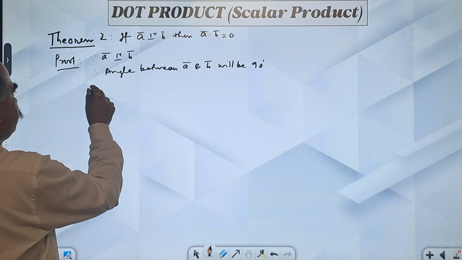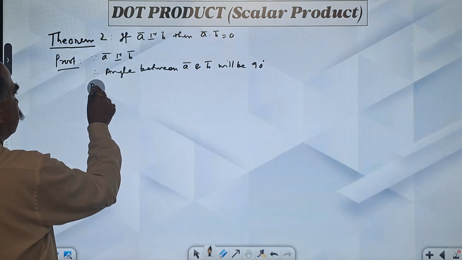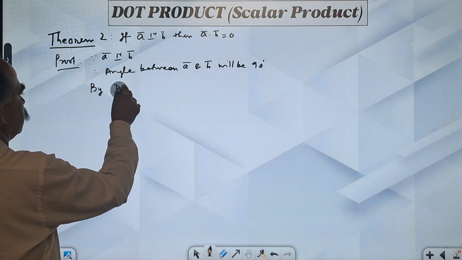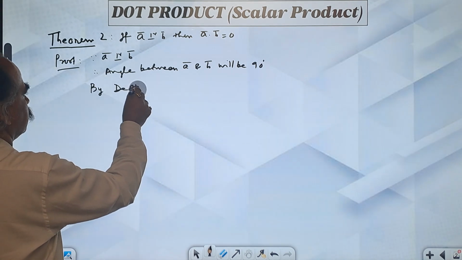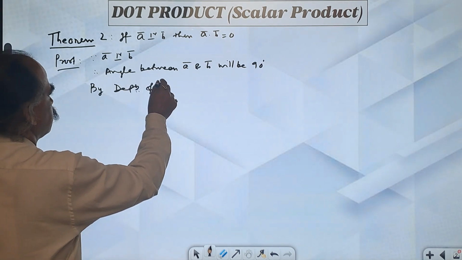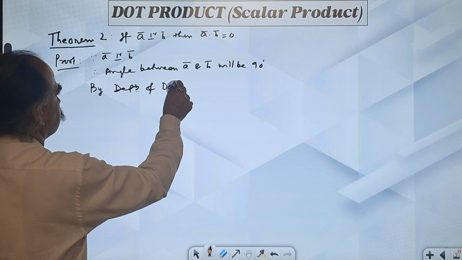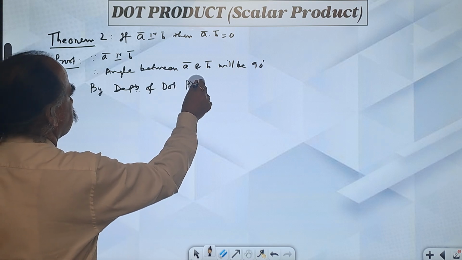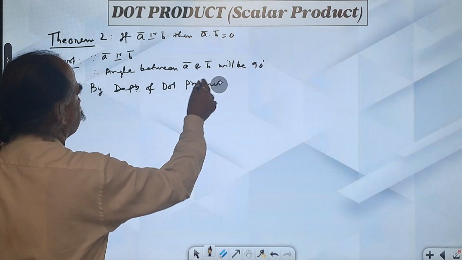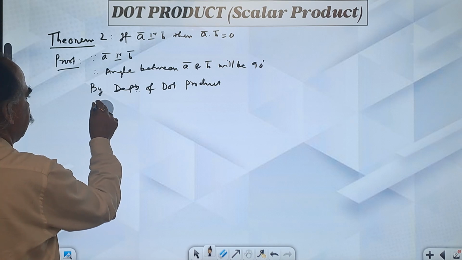By definition of dot product, A bar dot B bar is what?